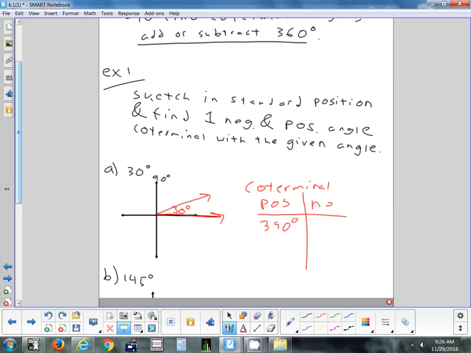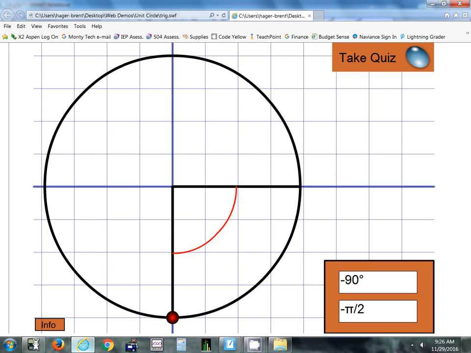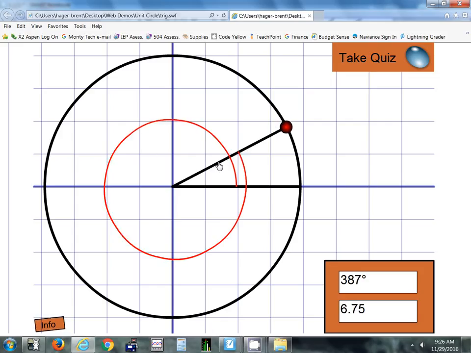What about for the negative one? All those angles have the same initial and terminal sides. Let's just do 30 and 390. There's 30, so just visualize where that is. And there's 390. Any questions on that?